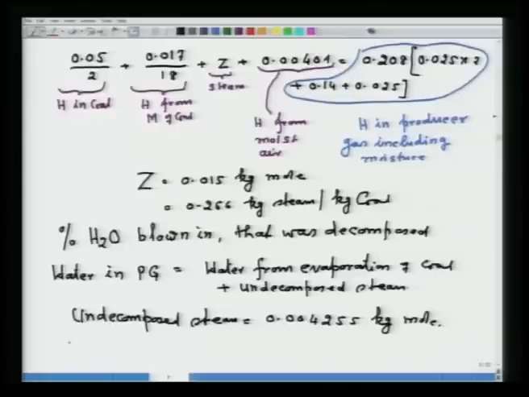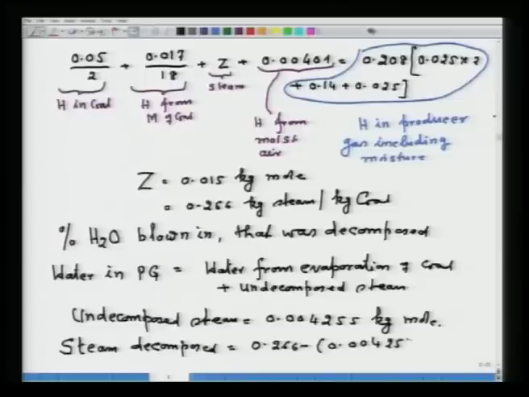So, therefore, steam decomposed will be equal to 0.266 kg minus 0.004255 into 18. So, the amount of steam decomposed will be equal to 0.1895. This is in kg, this is the steam decomposed.